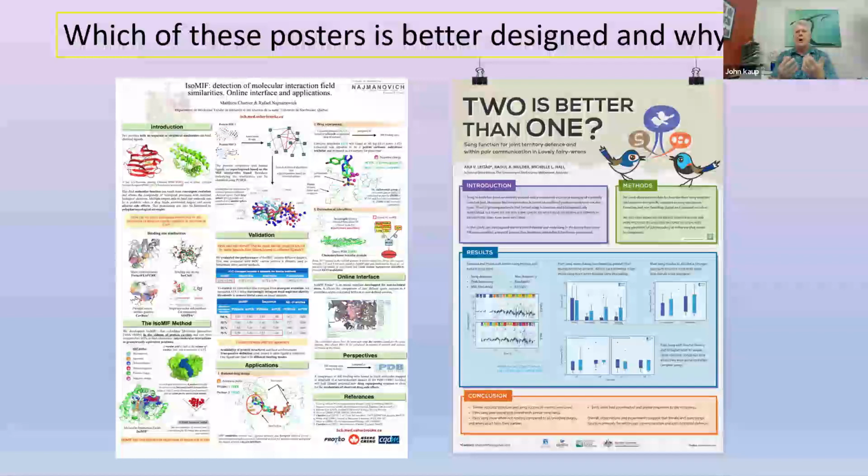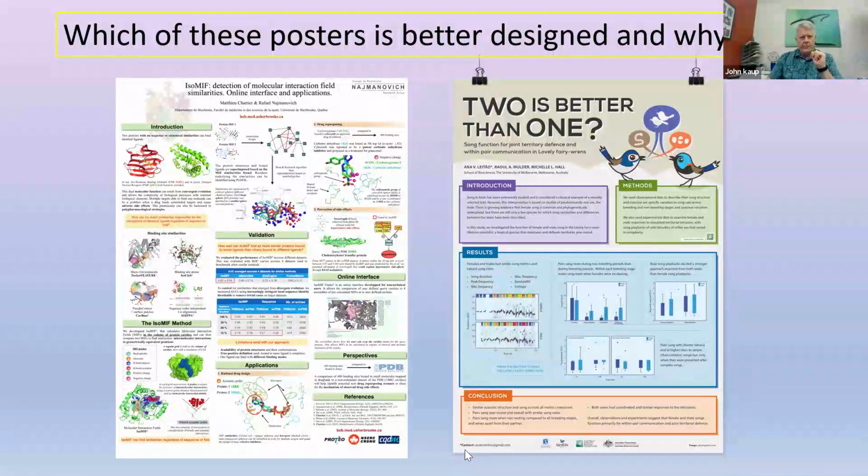What you really want is somebody to be able to view your poster and in a couple minutes at least be able to look through and see what's going on. I think on the poster on the left, anybody would be pretty challenged to step through that nicely. All right, let's step to one other one and see what people have.